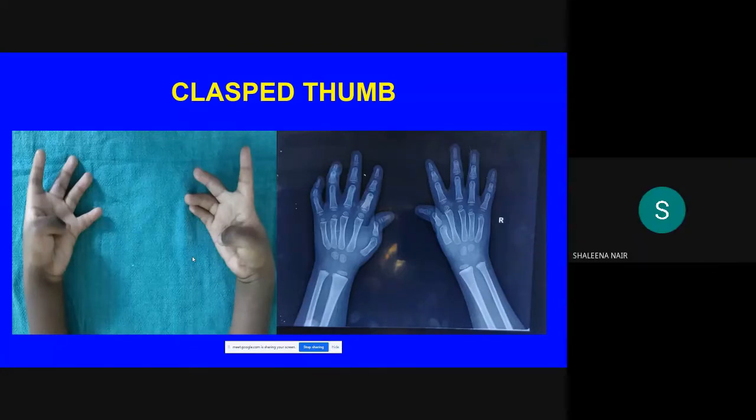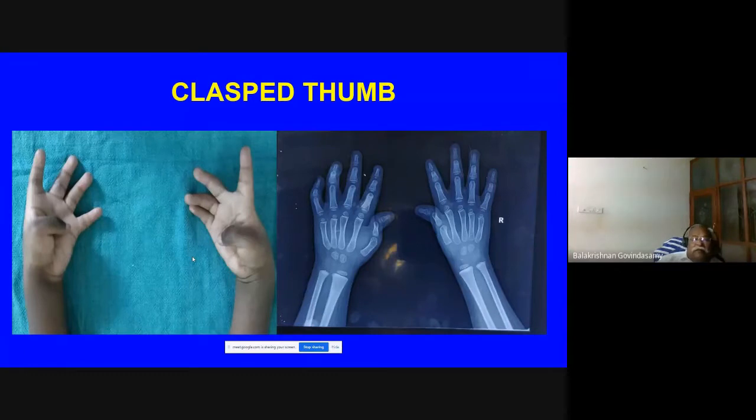Because there is flexion of the metacarpophalangeal joint of the thumb, and there is a thumb-in-palm deformity. Yes. The clasped thumb is otherwise known as thumb-in-palm deformity. What is the difficulty for the child?